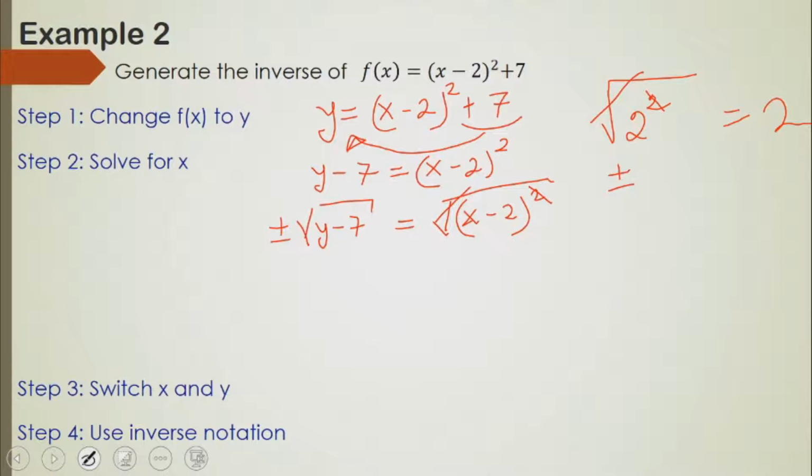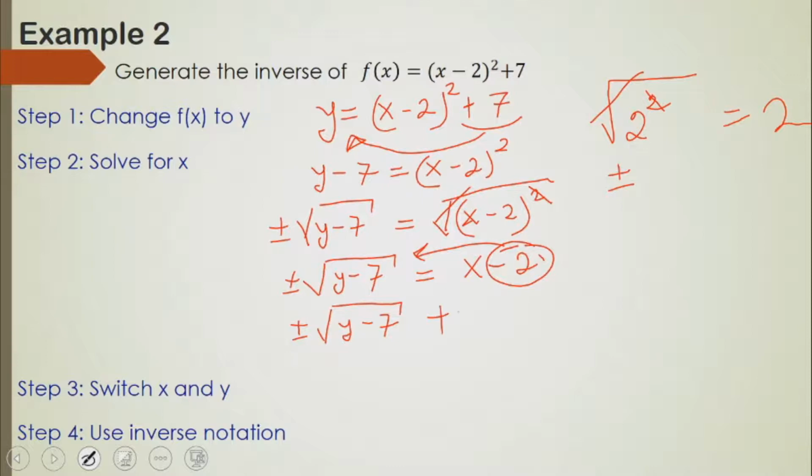So now we have positive or negative square root of y minus 7 equals x minus 2, okay? To be able to isolate the x, we need to get rid of this negative 2 and move it to the left. It will become a positive. So we have positive or minus square root of y minus 7 plus 2 equals x. So now our x is isolated. So we now need to switch x and y again.